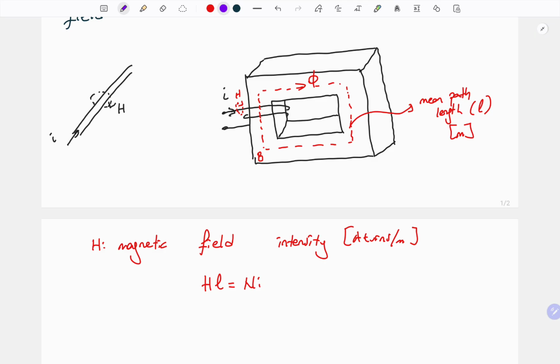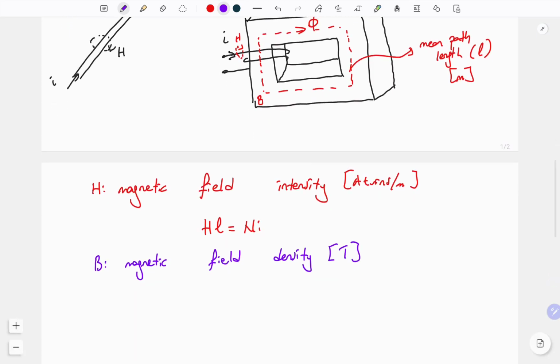Because of this, the new term must be the magnetic flux density, which has the unit of Tesla, and the relation between B and H will be B equals mu times H. What is mu? It represents the magnetic permeability of the material. And we cannot find the magnetic permeability of a material from the data sheets easily. So we have one more subparameter.